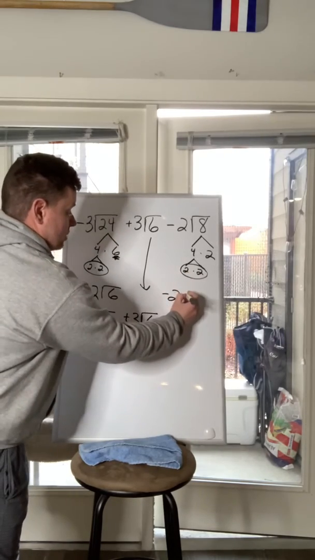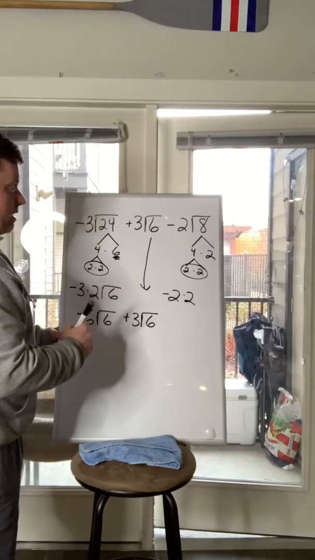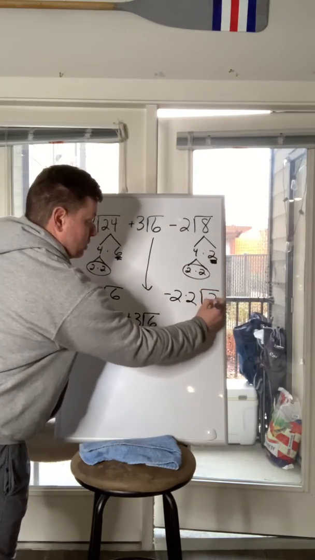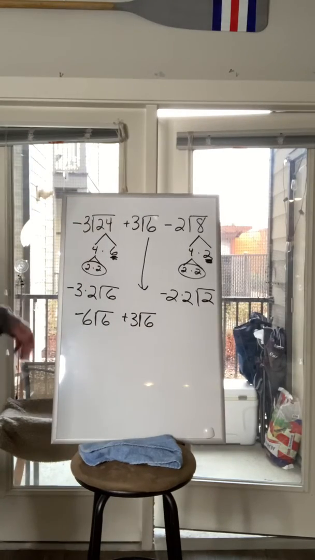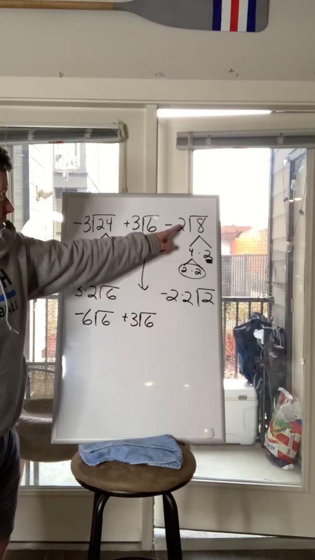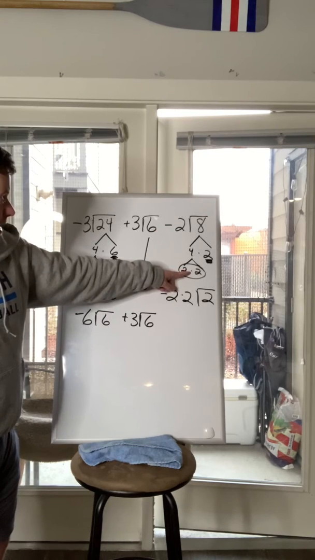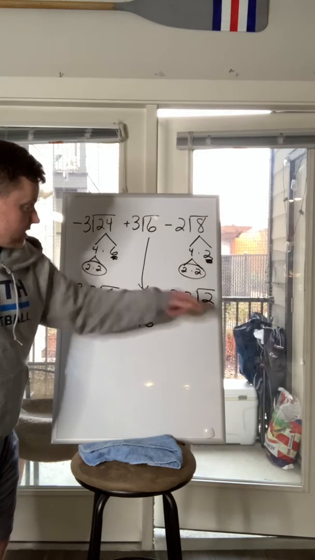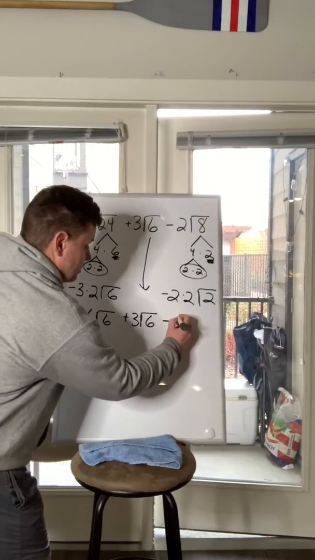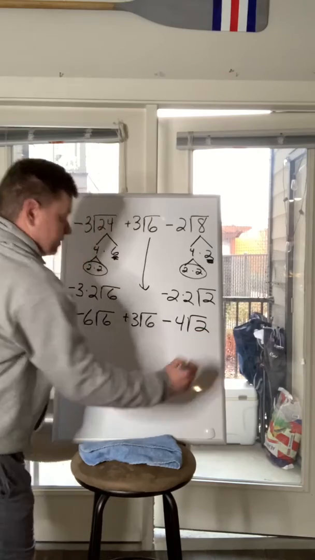And now we have the 2 that we bring out from taking the square root of that pair. And then you have this little 2 left underneath. A lot of 2's. So keep track of them. The negative 2 that was already there, this 2 that came out from taking the square root of the pair, and then this 2 is left underneath. So ultimately, after you multiply, it becomes minus 4 root 2.